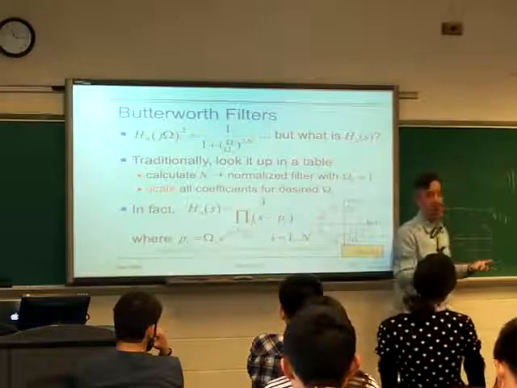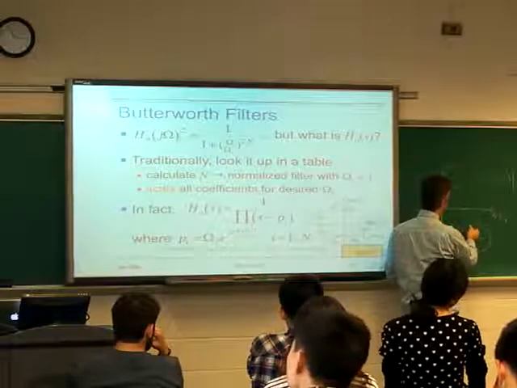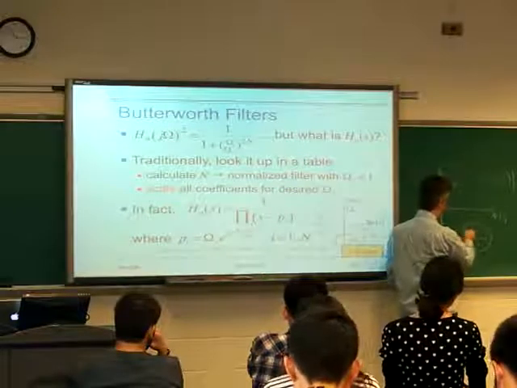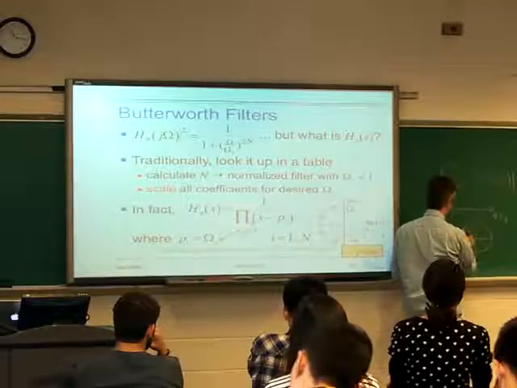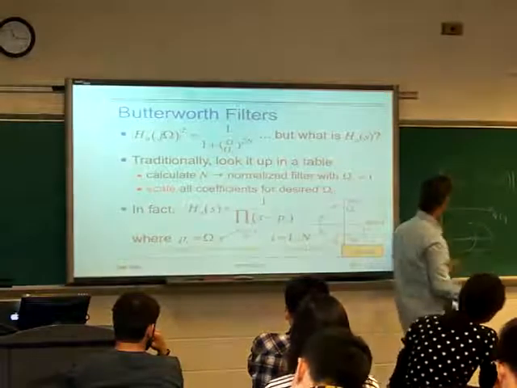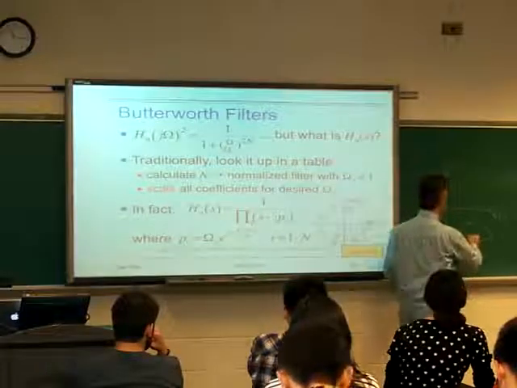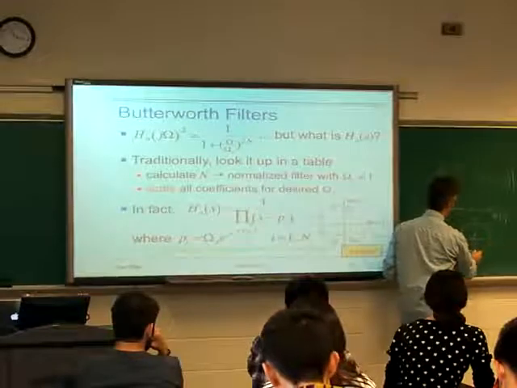There's n of them because it's an nth order system. So how am I going to get n equally spaced points on this circle that are symmetric around 0, because obviously positive and negative frequencies have got to be symmetric? Well, there are different ways we could do it, but this is the way it works out: we could have all these symmetric ones here.